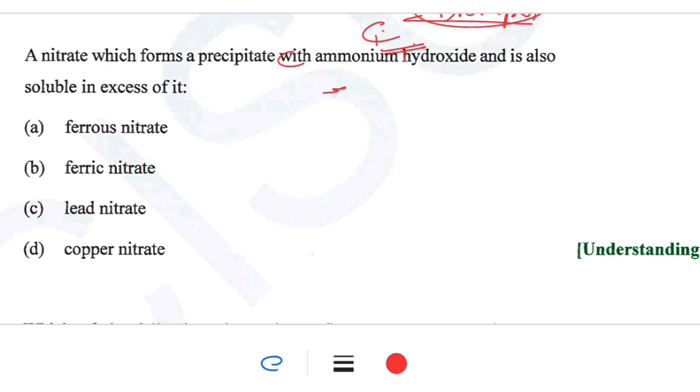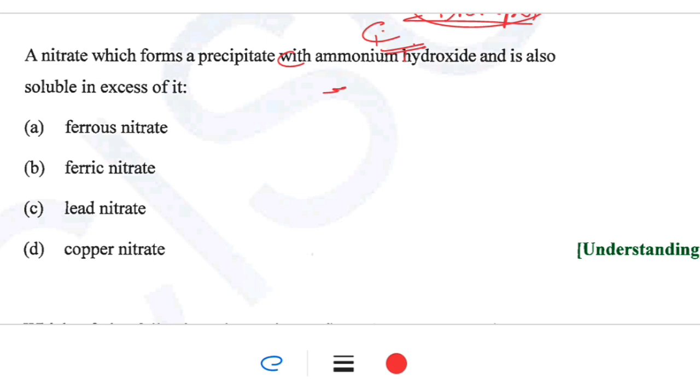So if I talk about ferrous nitrate, ferric nitrate, lead nitrate, copper nitrate, they generally form a precipitate when they react with ammonium hydroxide. So which particular nitrate is soluble in excess of ammonium hydroxide?